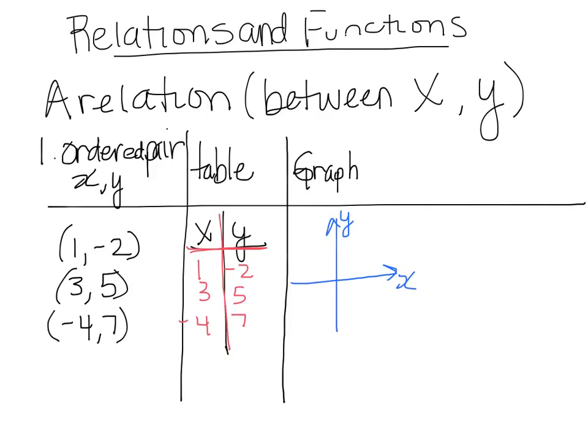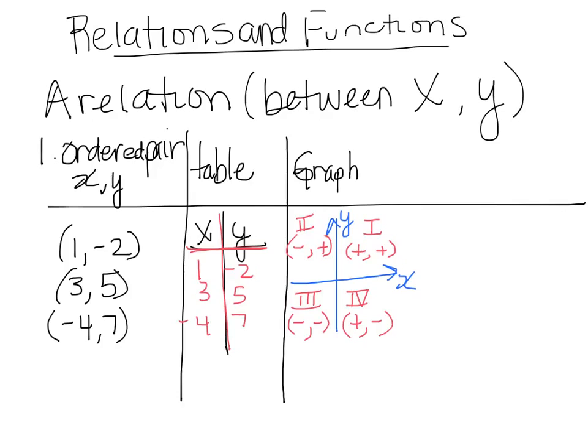When both x and y are positive, that's your first quadrant, so you have plus, comma, plus. In the second quadrant, x is negative and y is positive. In the third quadrant, both x and y are negative. And in the fourth quadrant, x is positive, but y is negative.